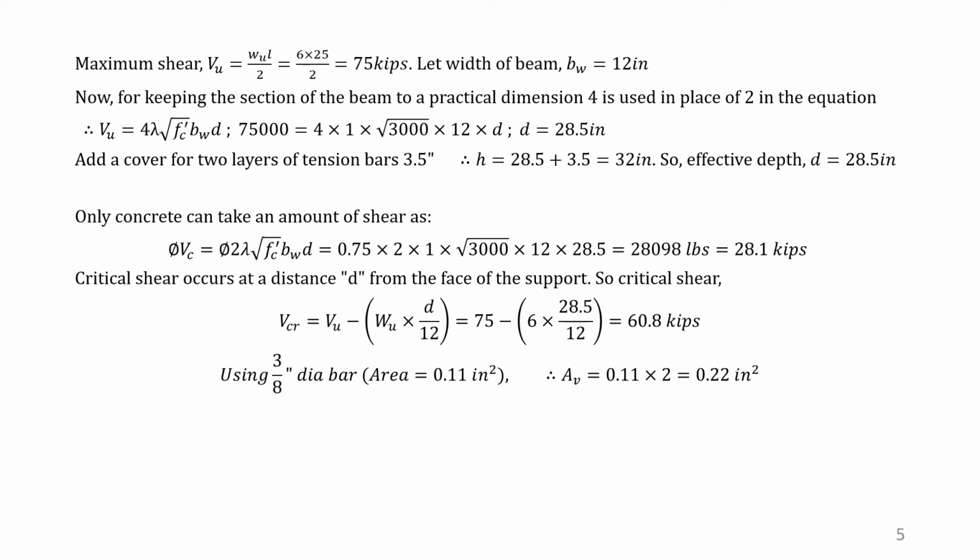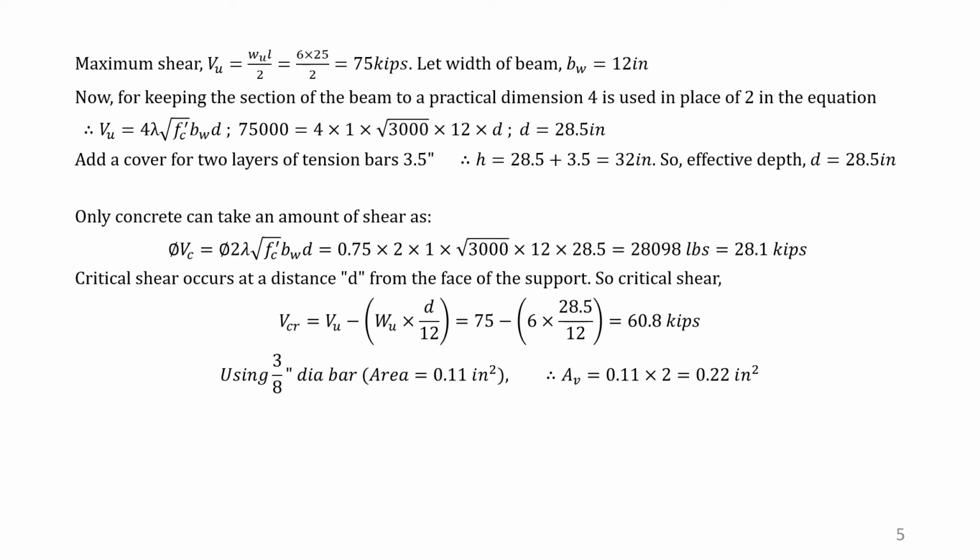And the coefficient 4 or 2 or 3 or 8: if we want to keep this section a little bigger, then we have to use this coefficient smaller. It starts from 2. If we use 2, we will not require any steel, and the section will be a big one.